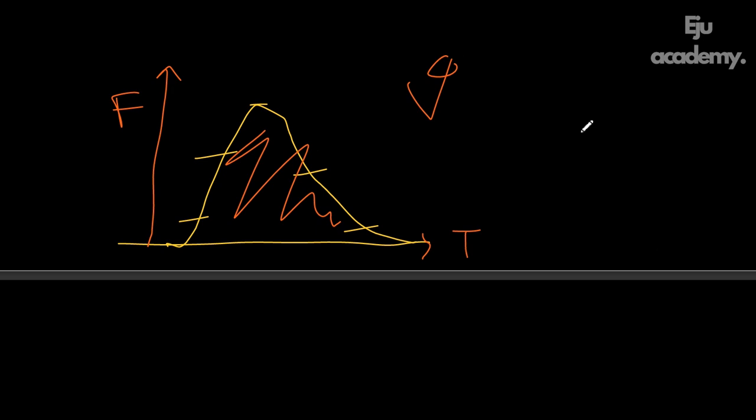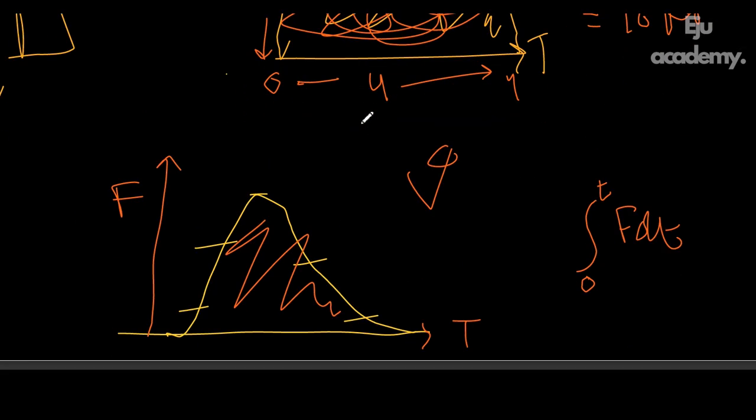impulse. We can use certain methods to find the area under this curve, which is the integration from 0 to t of F dt. It's going to be a lot of pain for solving this question, but not an issue.